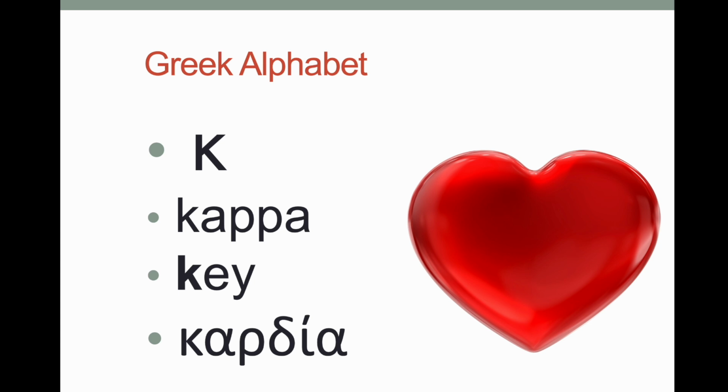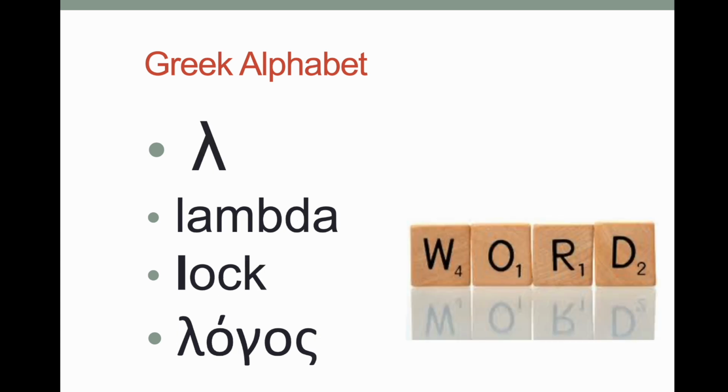And the Greek word I have there is the word for heart, and it's cardia, where we get cardiac. The next letter is a lambda. A lambda makes an L sound, like the word lock, and the example I have there is the word for word in the Greek New Testament, and it's logos.